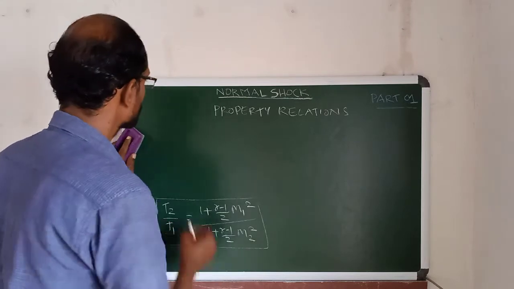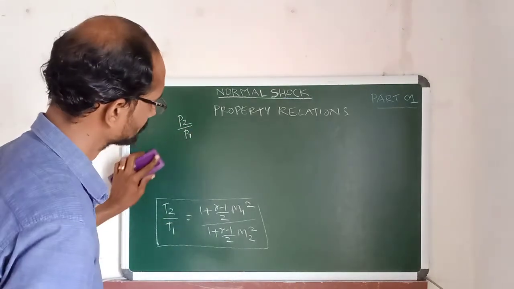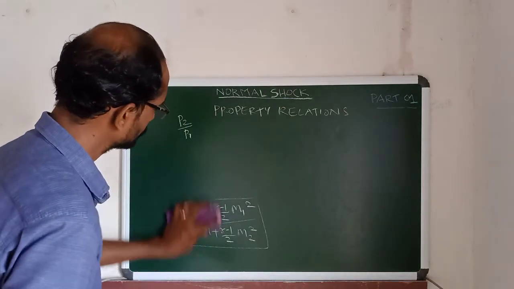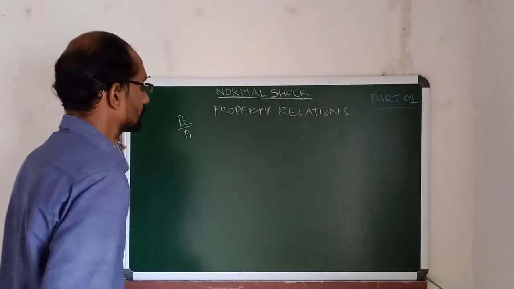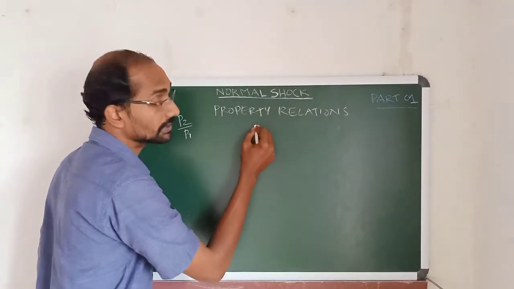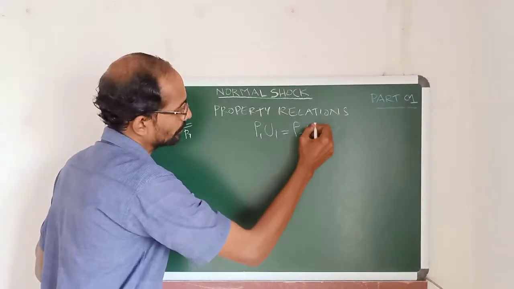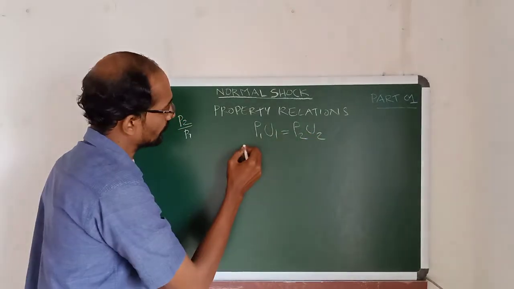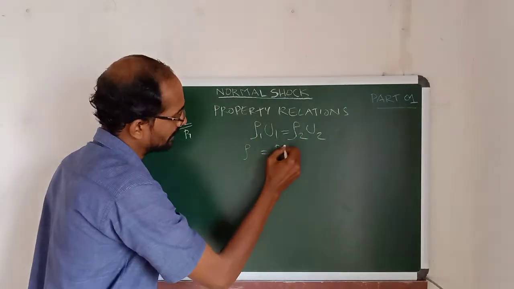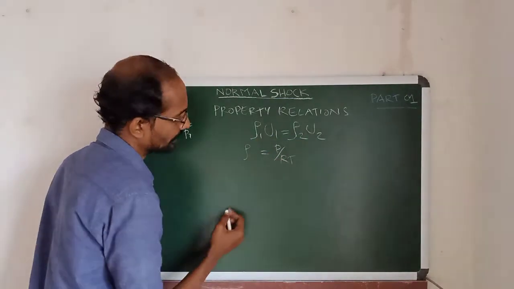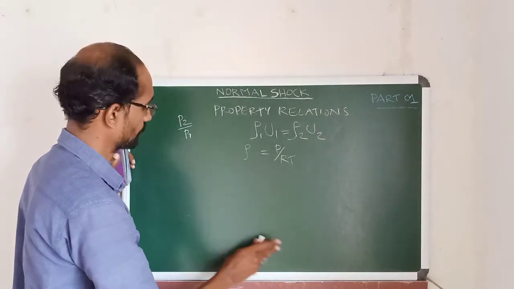Now we are going to talk about the pressure ratio P2 by P1 across the shock wave. For that I am going to rely on continuity. Continuity is ρ1 u1 equal to ρ2 u2. But what is rho? Rho is equal to P by RT, because P is equal to rho RT, from the perfect gas equation.